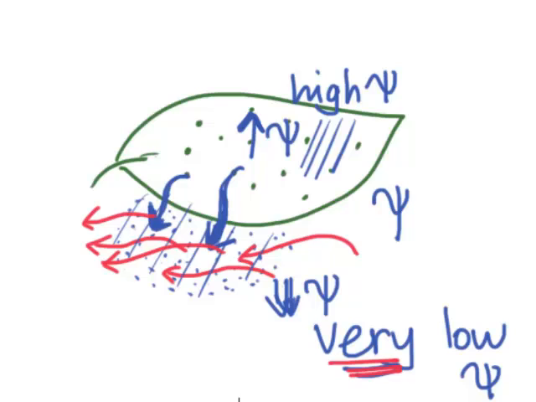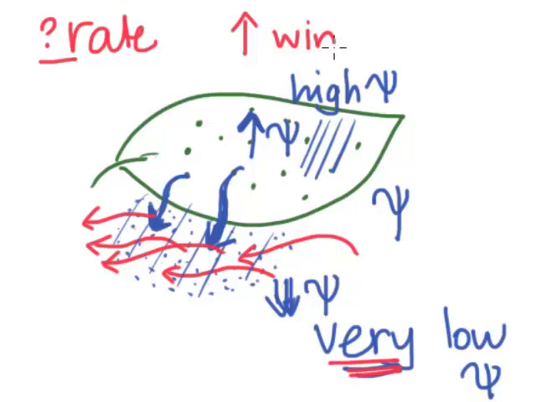So, let's get back to our original question. What is going to happen to the rate of transpiration if we increase the wind? Can you see that you're going to also increase the rate of transpiration?